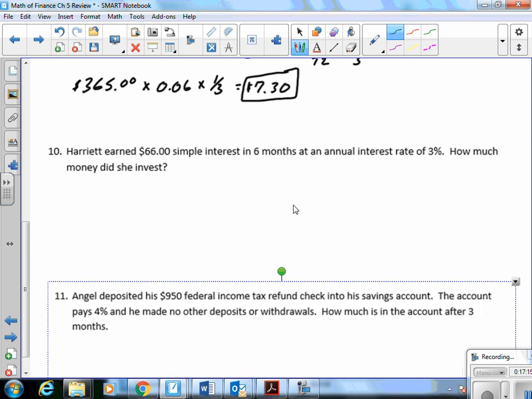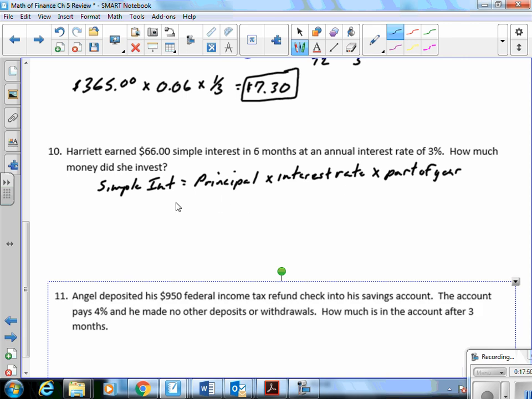So you got to keep in mind that simple interest is equal to the principal times the interest rate times the part of the year.